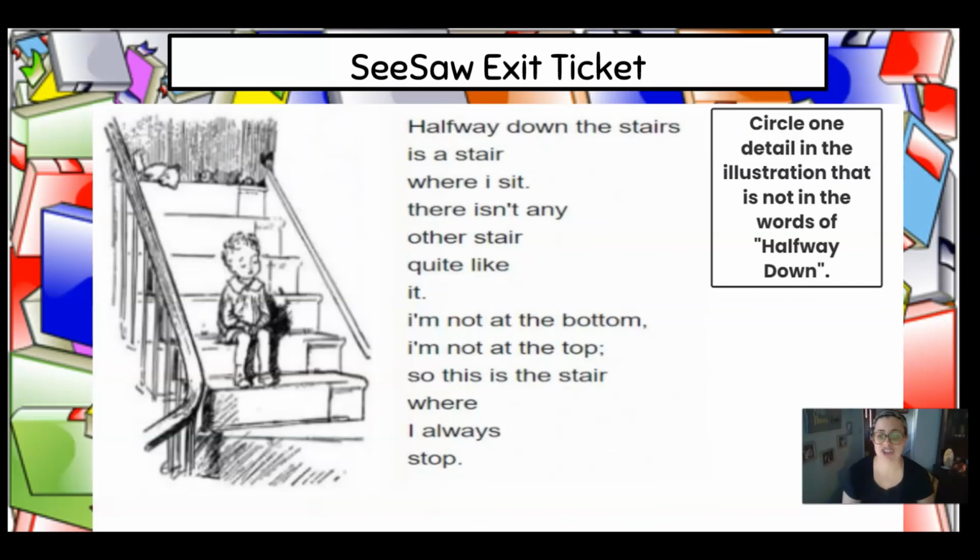There isn't any other stair quite like it. I'm not at the bottom, I'm not at the top, so this is the stair where I always stop. You're going to look at the illustration, you're going to circle one detail in that illustration that is not in the words of Halfway Down. Remember, you can always listen to the caption button to rehear the poem read to you.